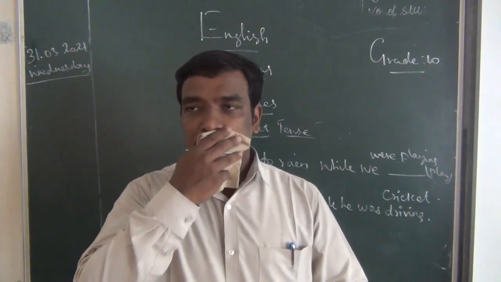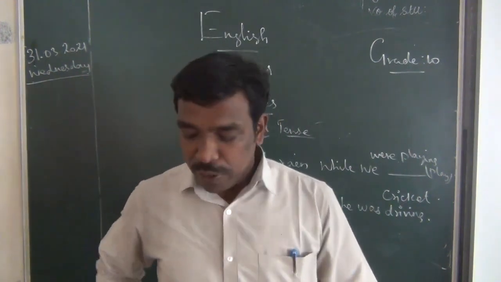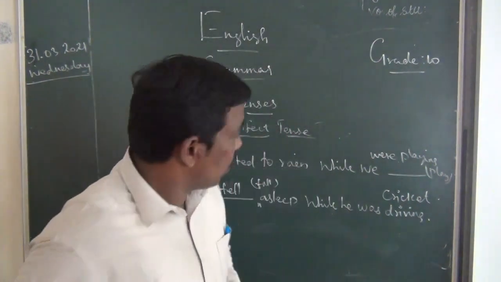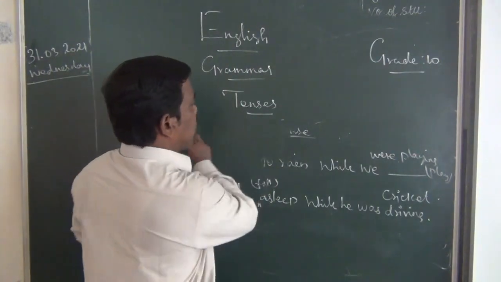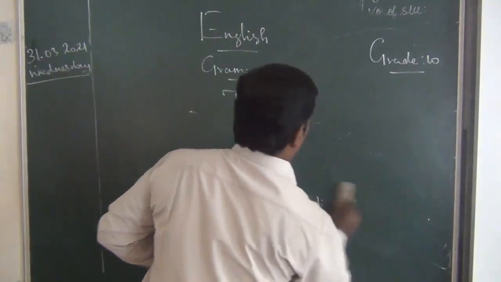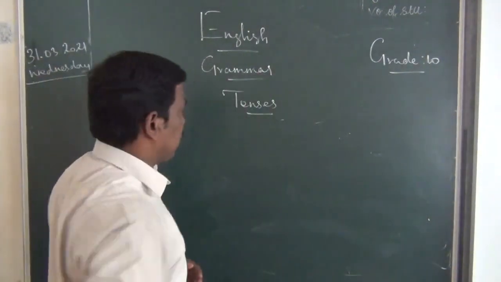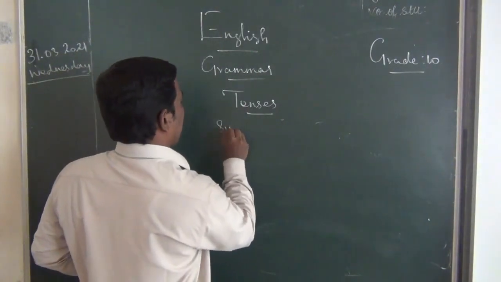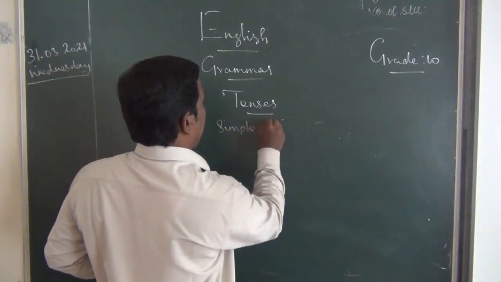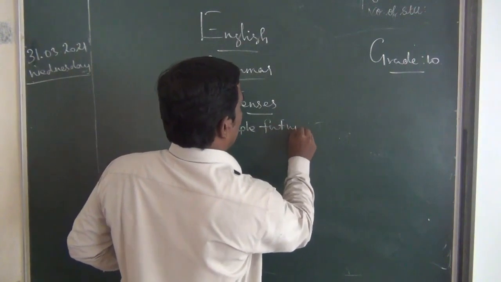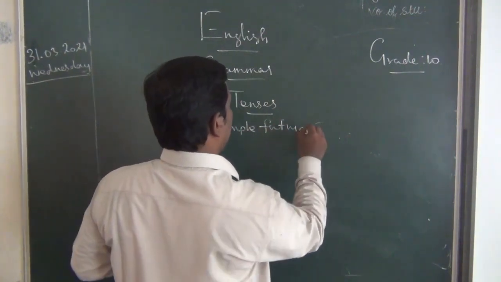Present continuous is used if it is a personal arrangement. For example, future reference: how can we say it? Not as the simple future tense.